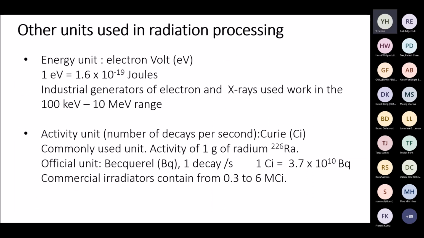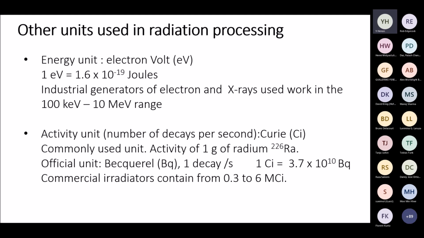Two other units are frequently used when we discuss radiation processing. The one is a unit of energy that is adapted to the technology, the electron volt, the energy acquired by an electron in a field of 1 volt.